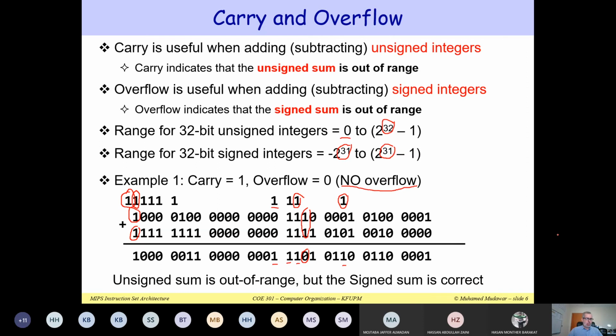So in this example, we have a carry, but there is no overflow. If you are adding signed integers, then the sum is correct. If you are adding unsigned integers, then the sum is out of range because we got the carry.